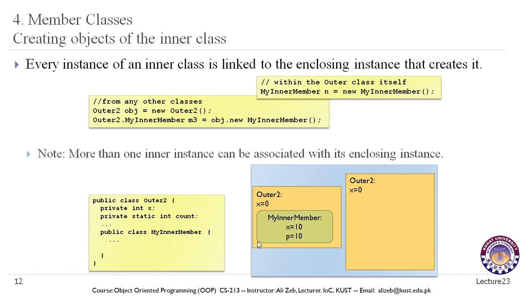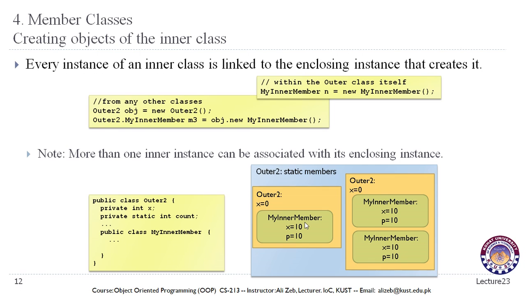So we have one object and we have another object, and in this case we have two objects of the outer class, and we have associated two objects of the inner class with this object.